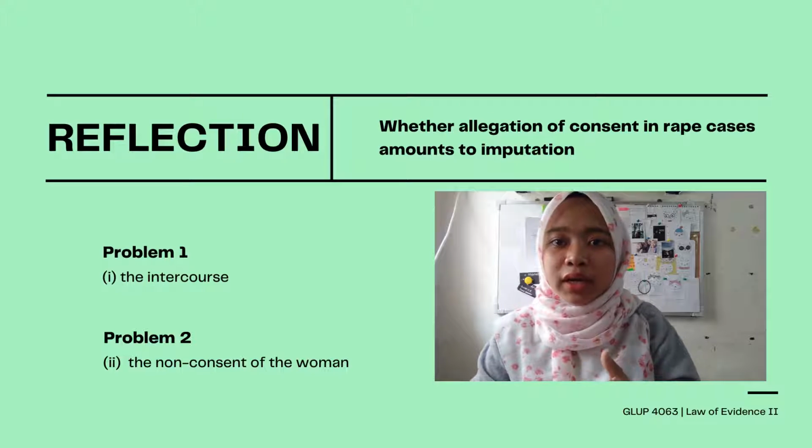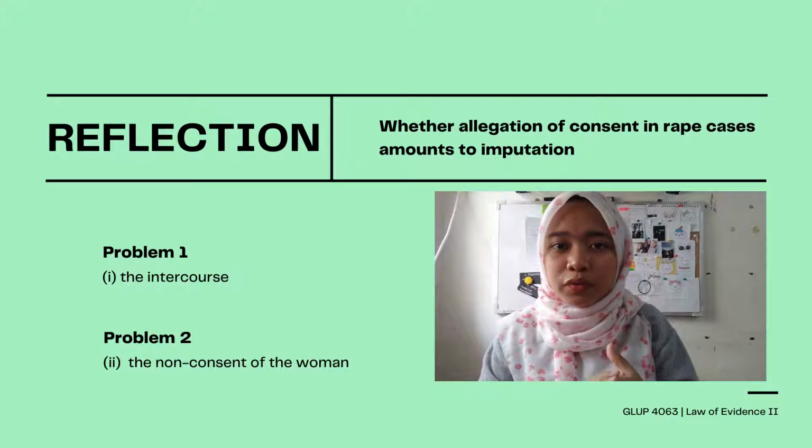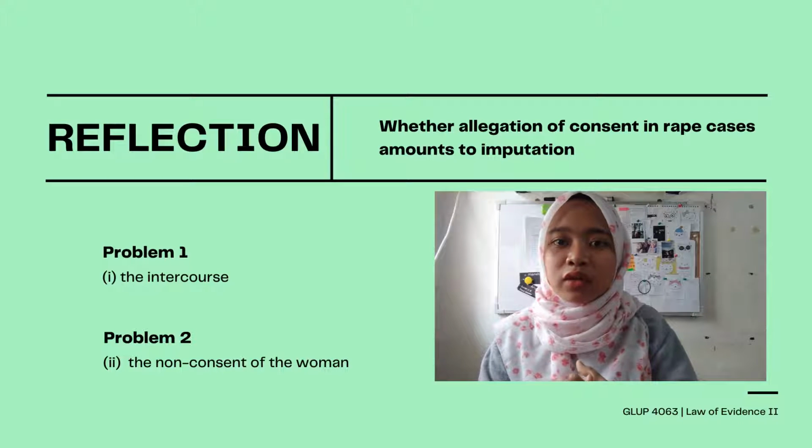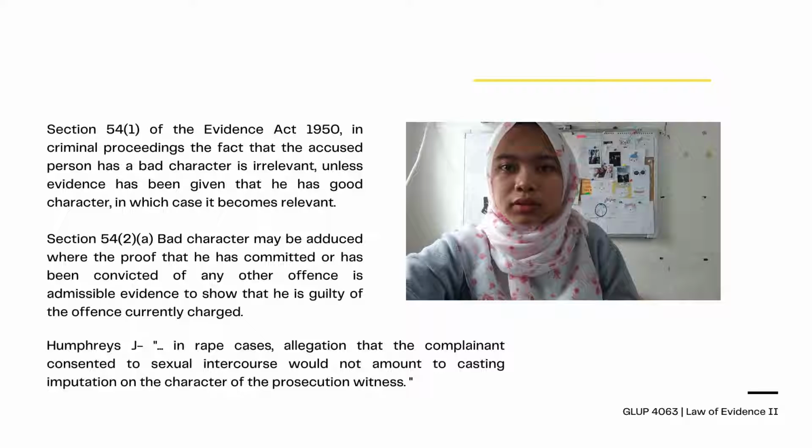And we are well aware that in such rape cases, we ought to prove the intercourse and the non-consent of the woman. In this case, the issue dealt with was whether the allegation of consent in rape amounts to imputations.